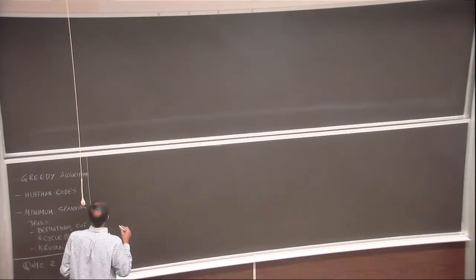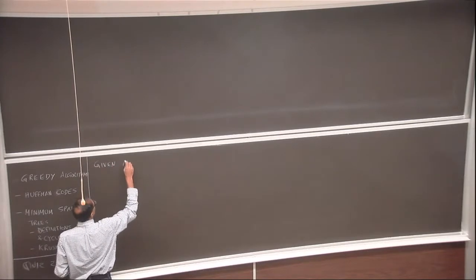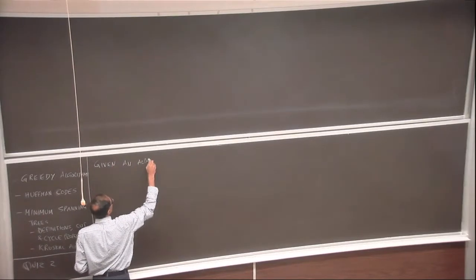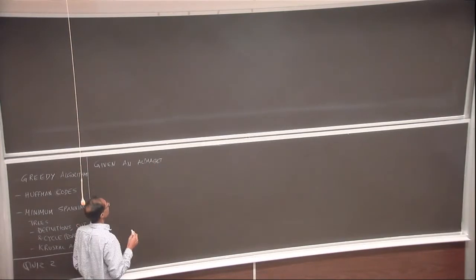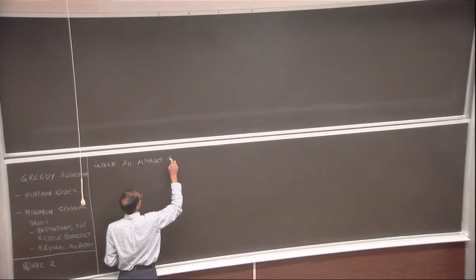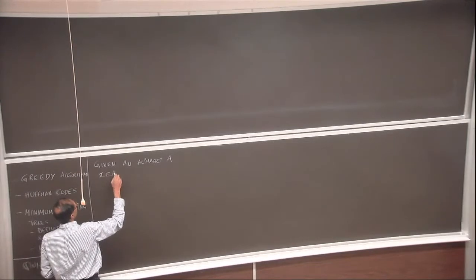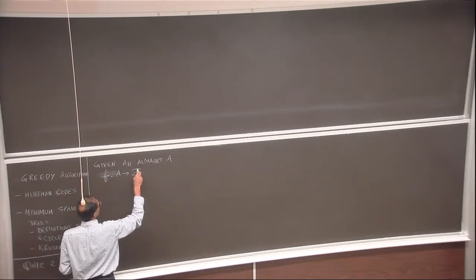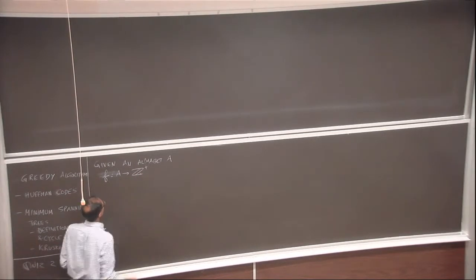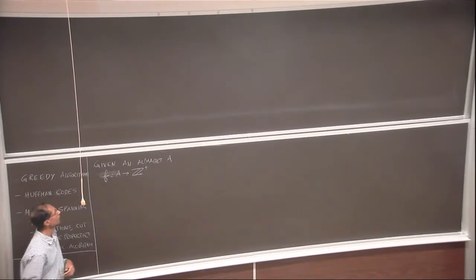The Huffman coding problem is: what you're given is an alphabet A, and for every letter in the alphabet we have an integer frequency. It doesn't matter that this is an integer, but let's do this.